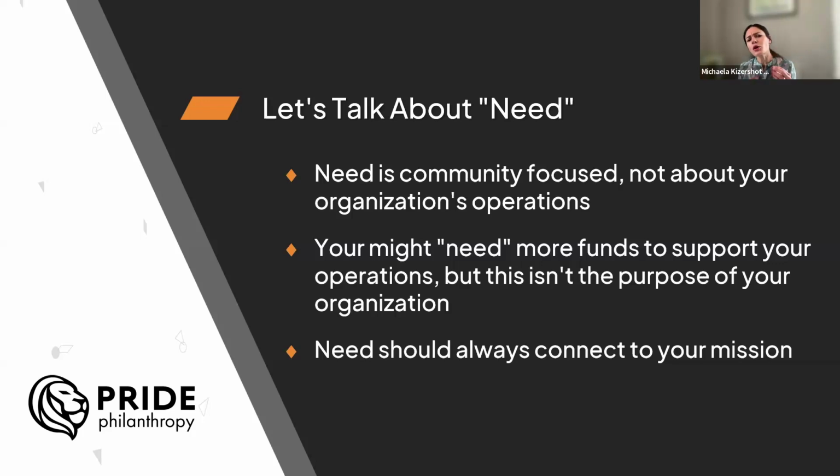But your donor population or your prospect population is far more interested in understanding what need you are meeting in the community. Why do you even exist as a nonprofit? Focus on the purpose of your work, not on how the organization runs.